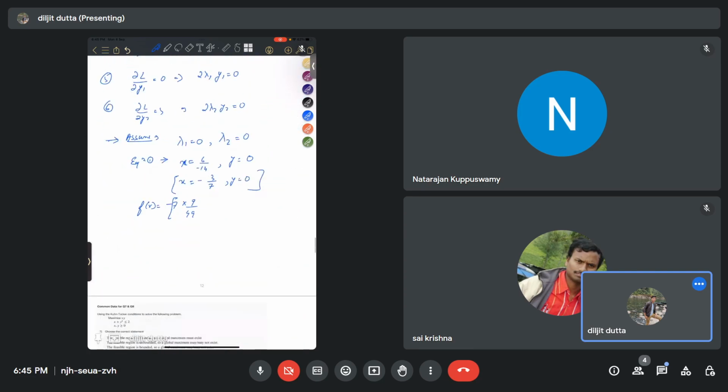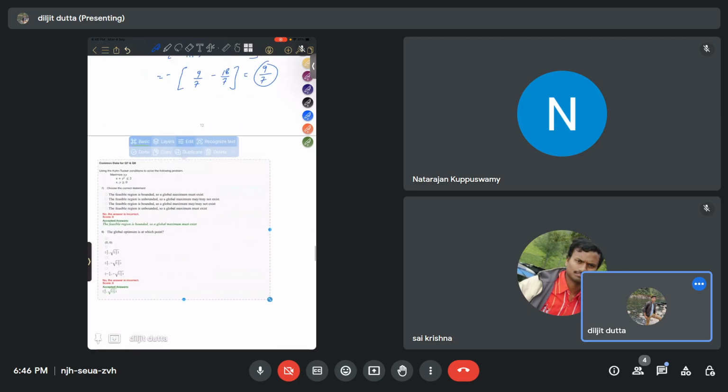So taking minus common, plus 6 into minus of 3 by 7, equals 9 by 7. So we are getting f of x as 9 by 7 when we have both lambda 1 and lambda 2 equal to 0.